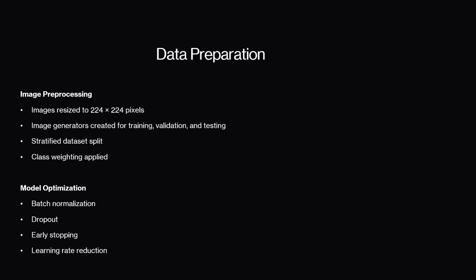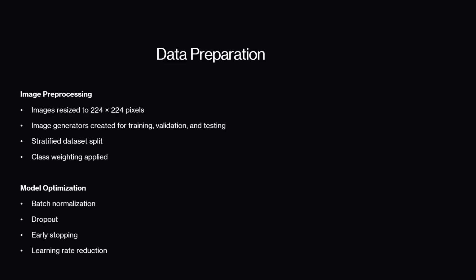Several techniques were also incorporated to improve model performance and reduce overfitting. Batch normalization stabilized the learning process by reducing variation between training batches, while dropout randomly deactivated neurons during training to improve generalization. Early stopping monitored validation performance and prevented unnecessary training when improvements stopped occurring.